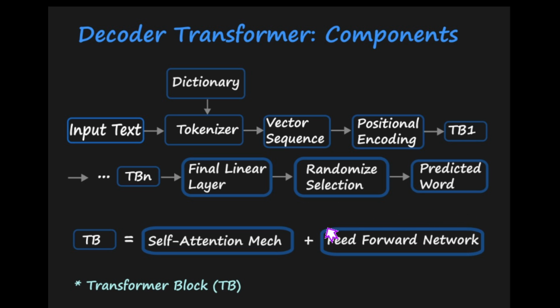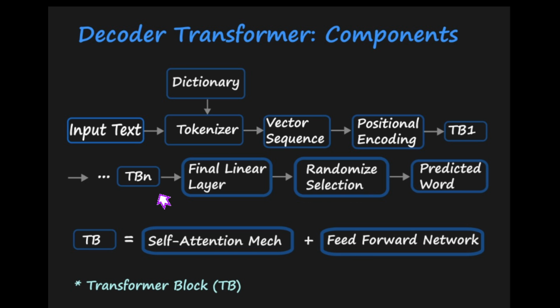This is the feed-forward network, a fully connected neural network. These two components are vital for the decoder transformer. And notice I've got more than one of these. I've got 1 to n, and n means a model can have any number.